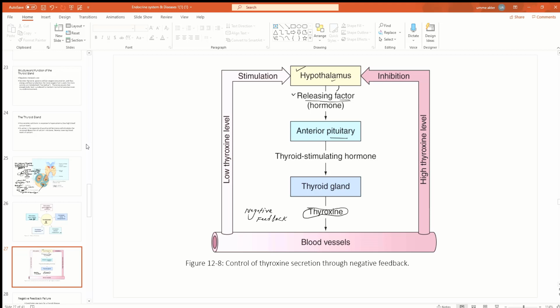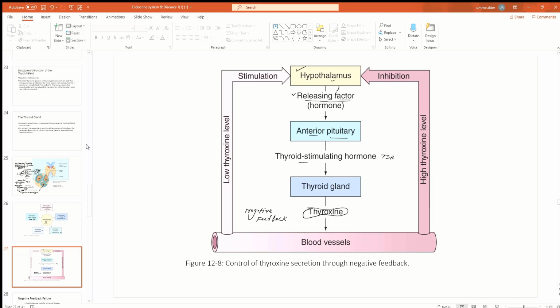And these releasing factors work on the pituitary gland, and the anterior pituitary releases 6 hormones. One is thyroid stimulating hormone or TSH. This is just one example of how the negative feedback works.